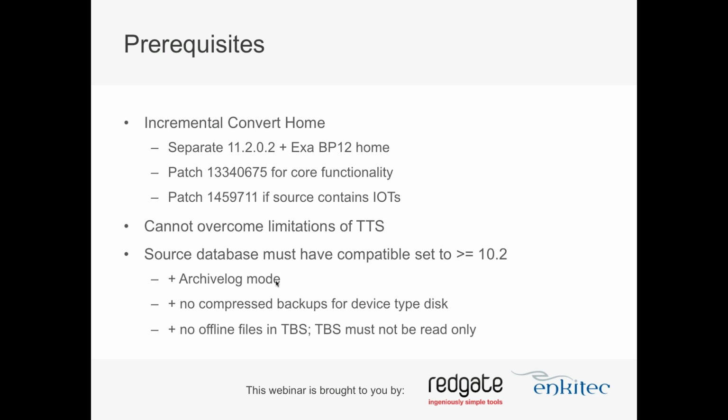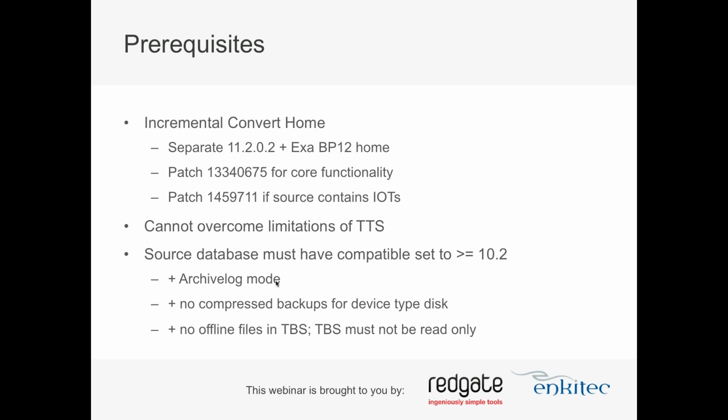Prerequisites. So what do you need? The whole process is more or less driven by a script which you download from this particular My Oracle Support note. And this note states that you need an 11.2.0.2 plus bundle patch 12 home on your destination system.